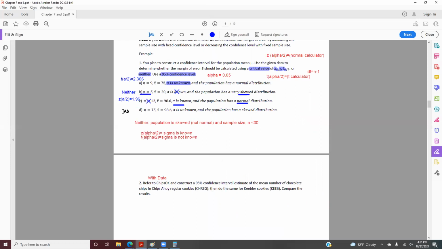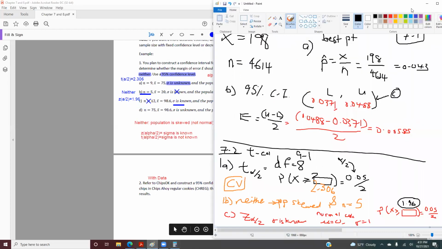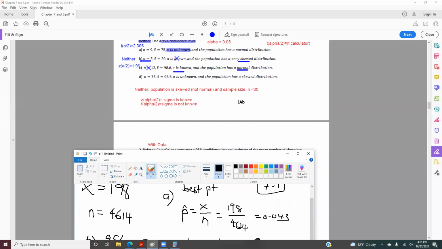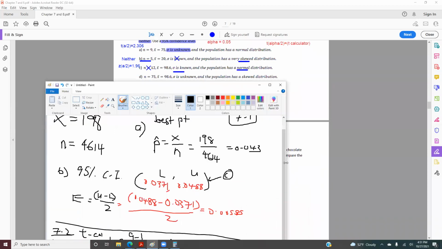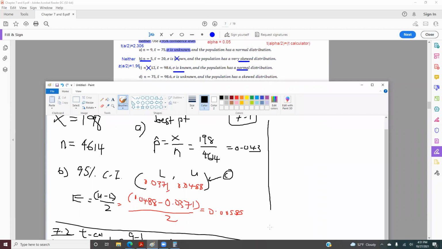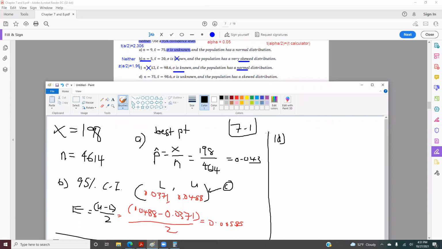All right, read the last one, part D, and figure out whether it is neither, Z, or T in this case. I think you have these notes, right? Part D. Anyone?